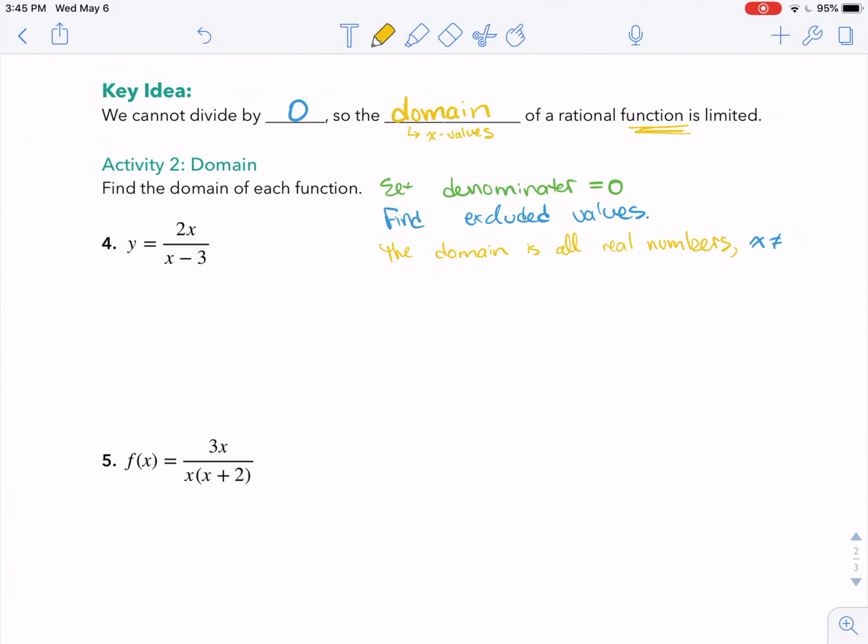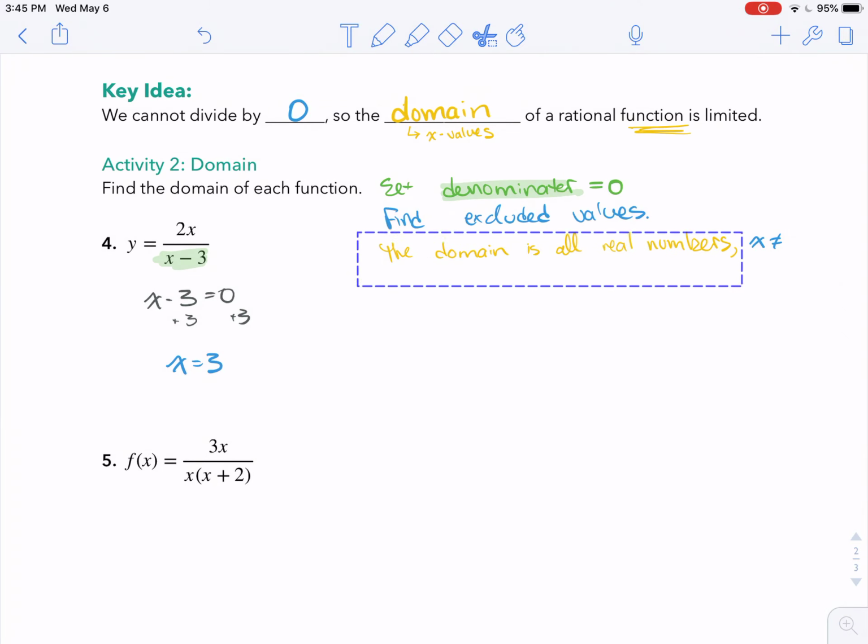So let's do that. First we need to set the denominator equal to 0. x minus 3 equals 0. Add 3. Therefore, x equals 3. That's our excluded value.